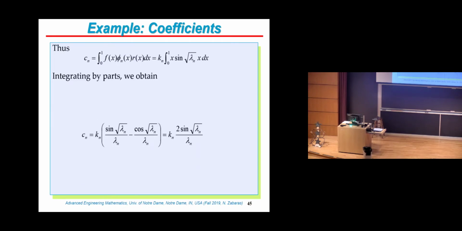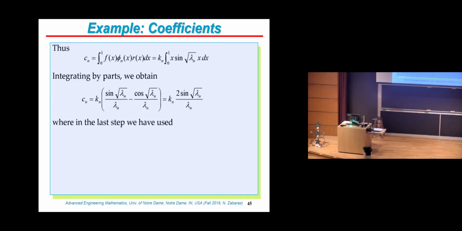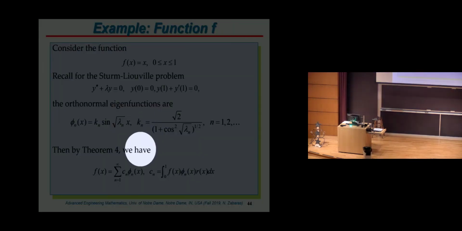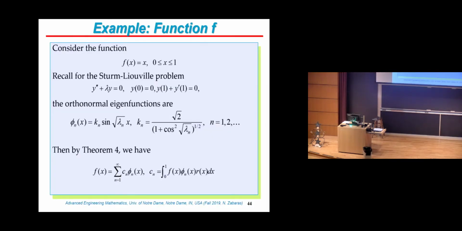So there is the coefficient Cn. So remember Cn. What is Cn here? If I can go back, Cn is the coefficient in the expansion, right? So really Cn is the projection of f onto the eigenfunction phi n. And how do we project?